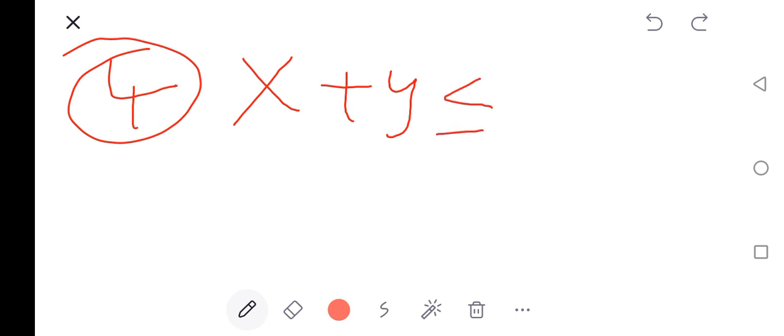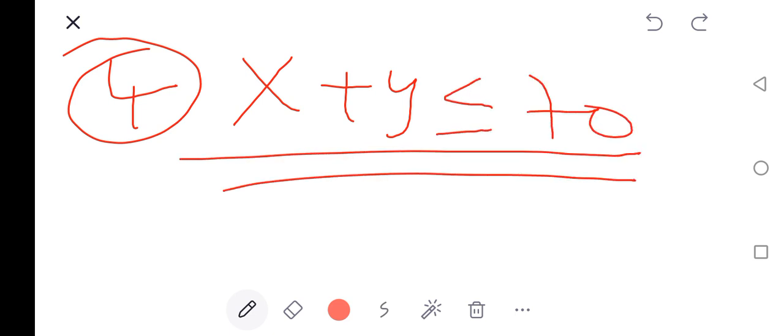Fourth inequality. He does not want to order more than 70 bags altogether. So what does altogether mean? X plus Y less than 70. Is less than 70. Are there numbers in front of these X and Y? No. So you just say X plus Y. So Madam Michelle, is your question answered?